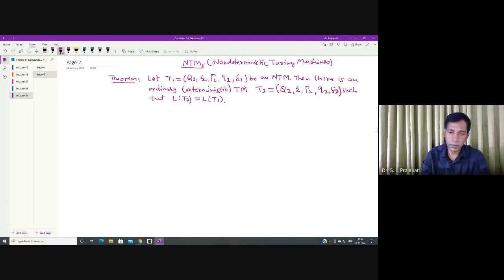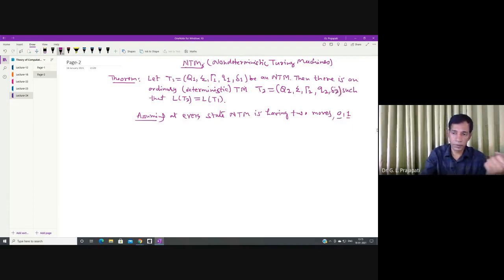So we can give them numbers: move 0 and move 1. Assumption: at every state the NTM is having two moves. So it is going to make two moves.